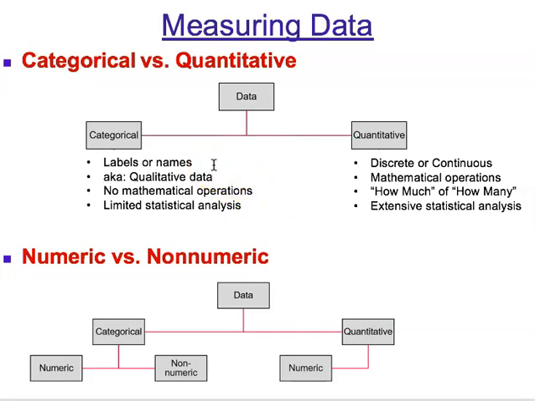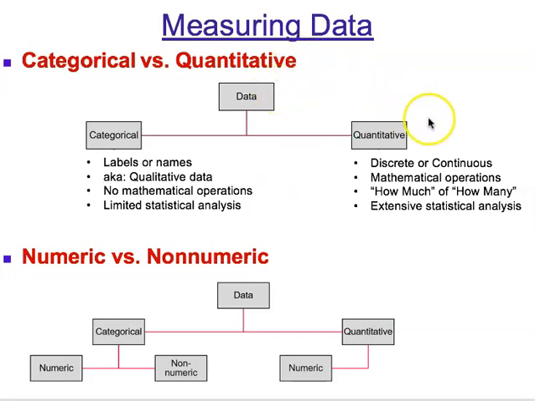For example, boy versus girl would be categorical data. And this limits our ability to do statistical analysis. It doesn't eliminate our ability. You'll find that we often use a lot of categorical data, but it does create some additional hurdles that we need to overcome in order to utilize categorical data.